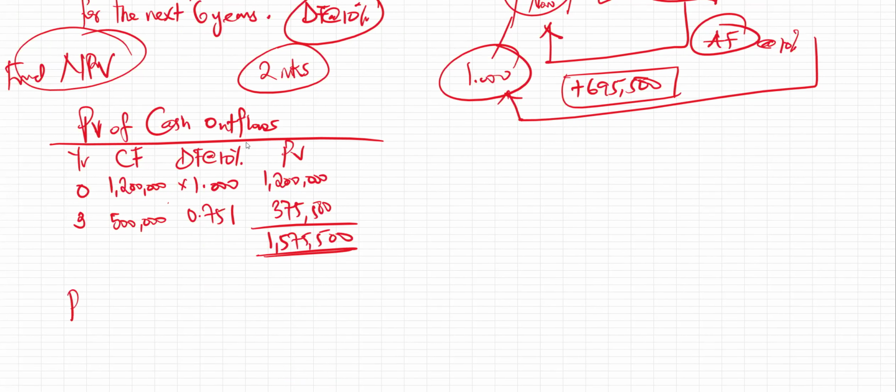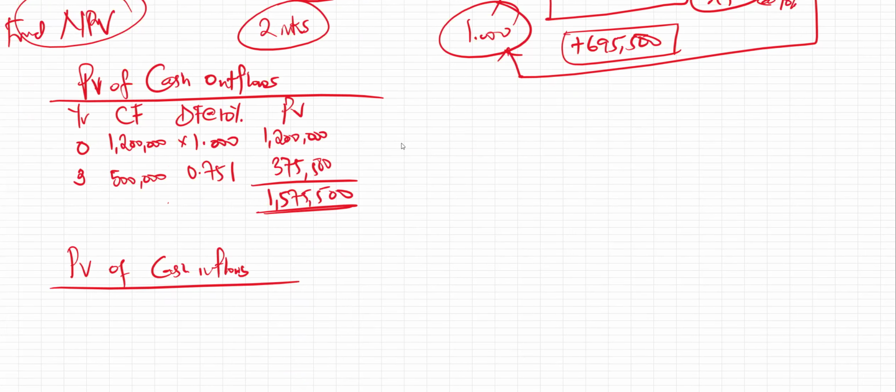Then I come to my PV of cash inflows. First of all, I need to get my annuity factor. Because we said 6 payments starting from now, I need to take 6 minus 1, so I only have 5 periods.